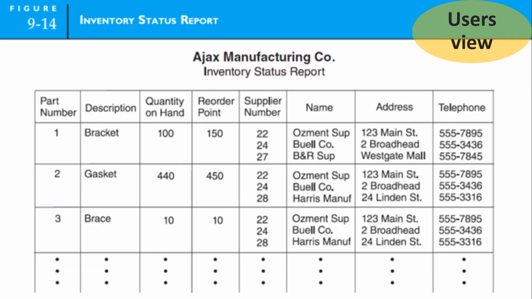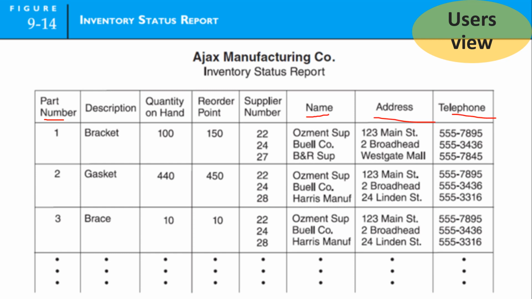This table shows the inventory status report, which brings a single view of much information: the part number, description, quantity on hand, reorder point, supplier number, supplier name, address, and telephone.